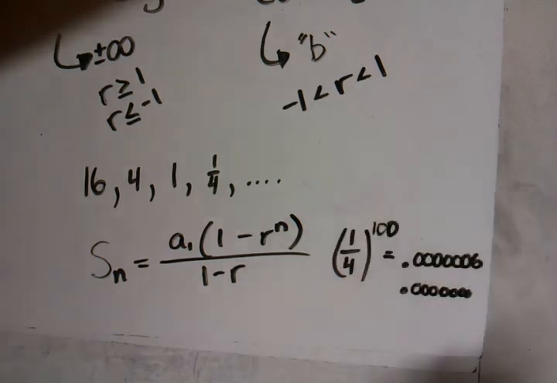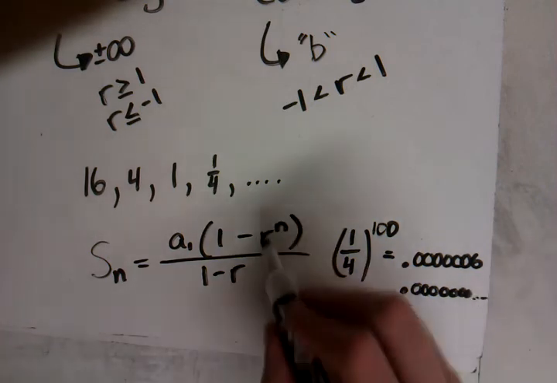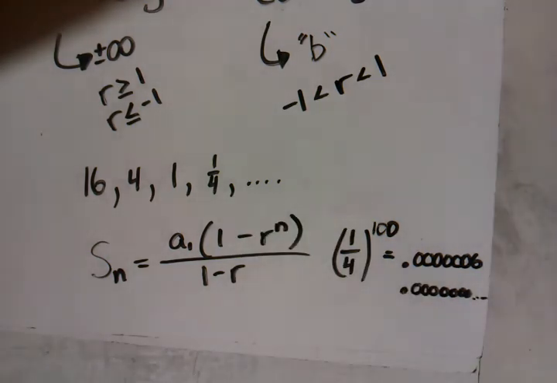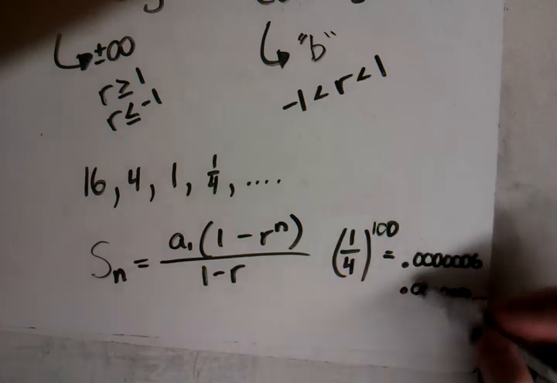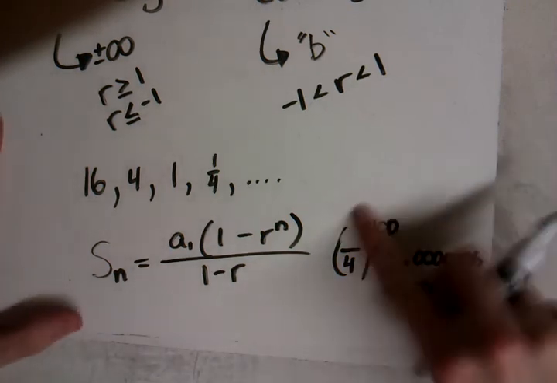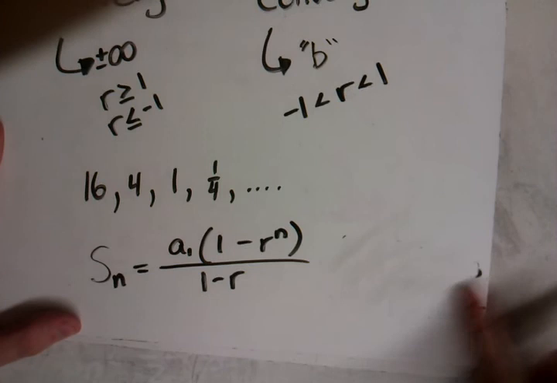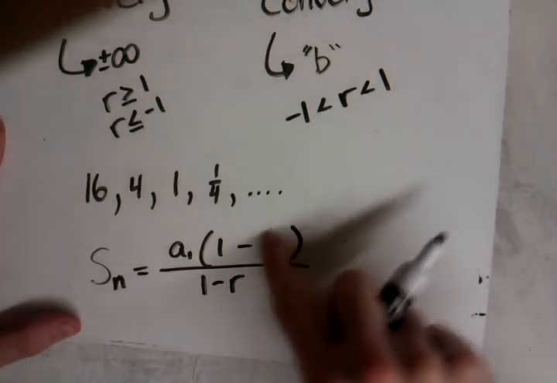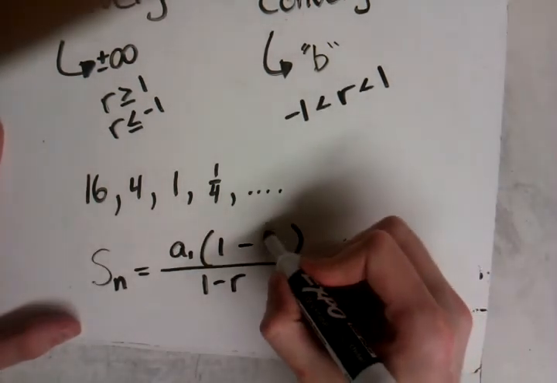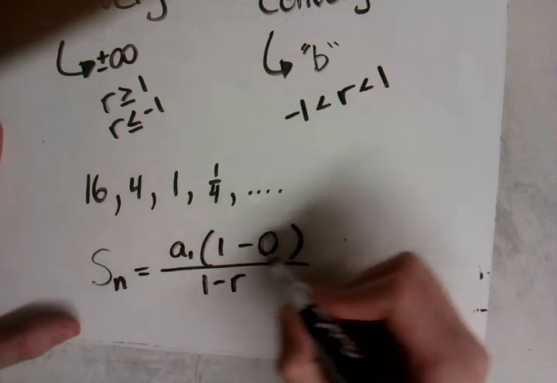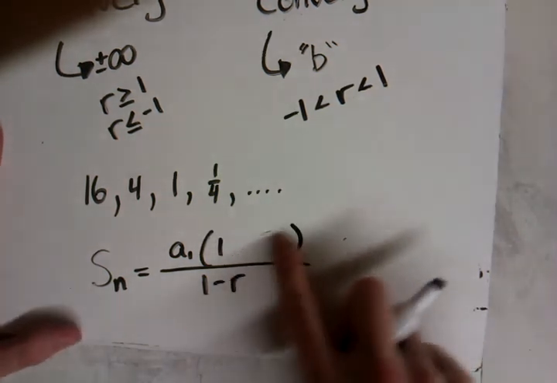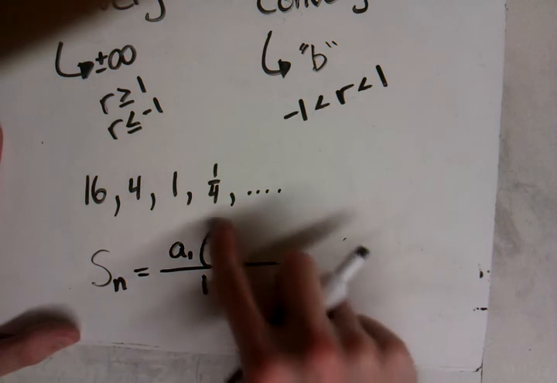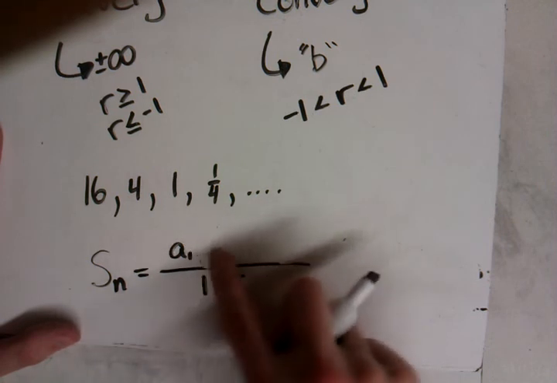And that's just to 100. So imagine if I raise it to the infinity, something huge, insanely big. Well, this is going to be almost 0. So as n gets really, really big, this term here becomes 0. And 1 minus 0, well, that's just 1. And 1 times a1 is just a1.